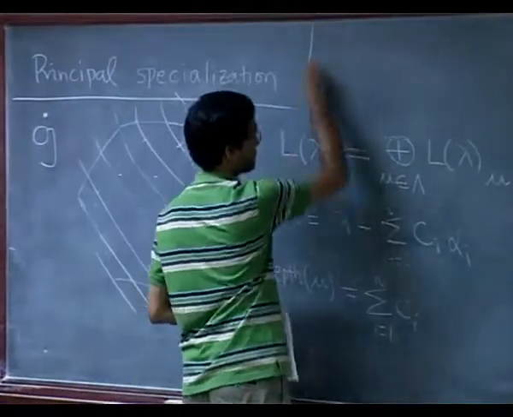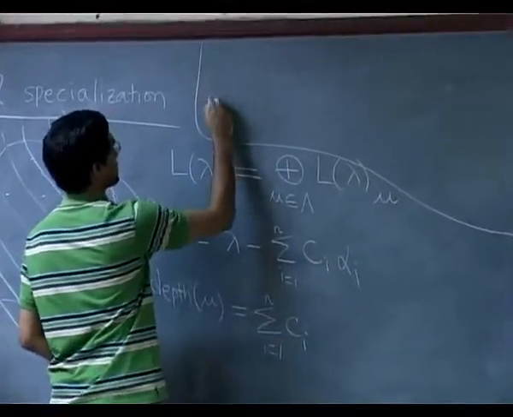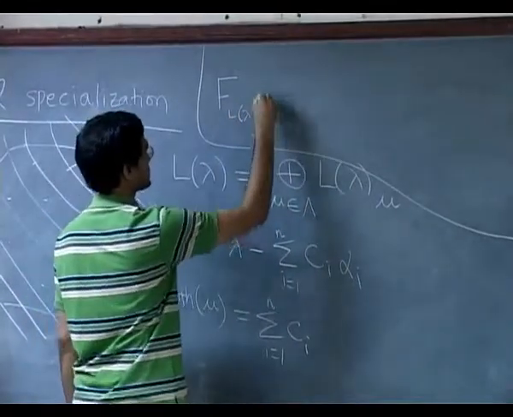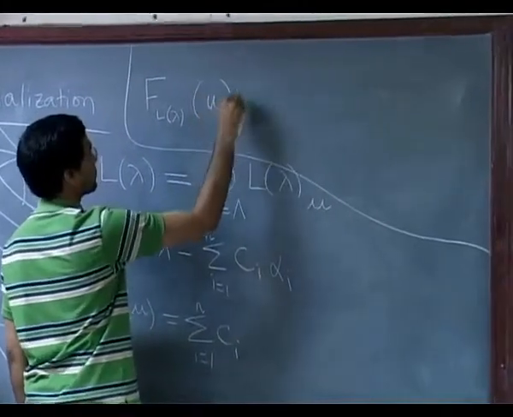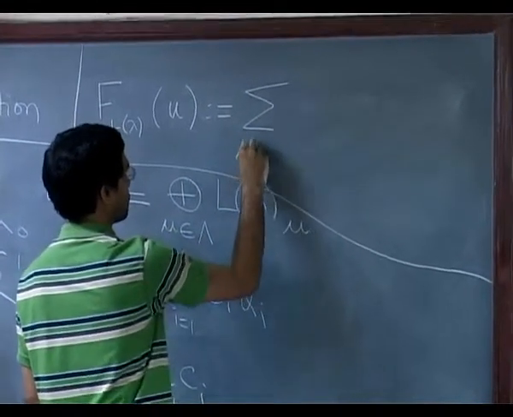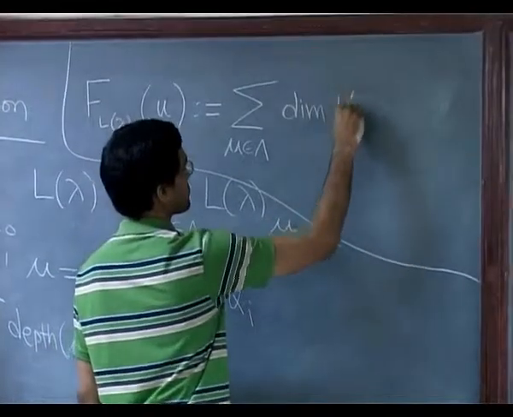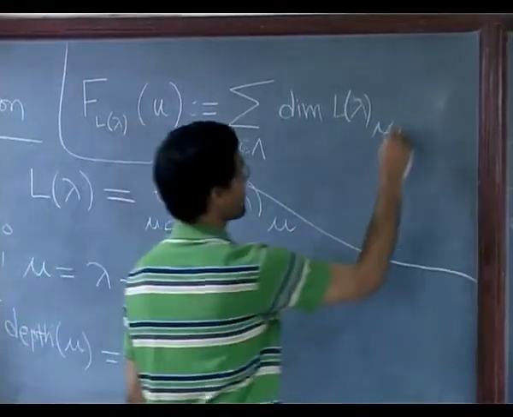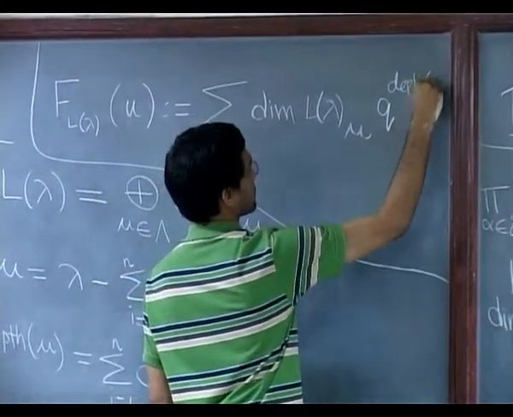So, here is a definition. Let us give it some name. F of L lambda is the principal specialization of L lambda, depending on some variable, I will not call it Q, U. It is defined as the summation over all weights mu which occur, of the dimension of this weight space, times Q to the depth of mu.